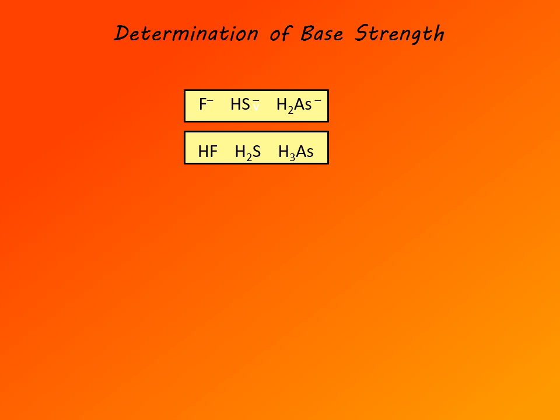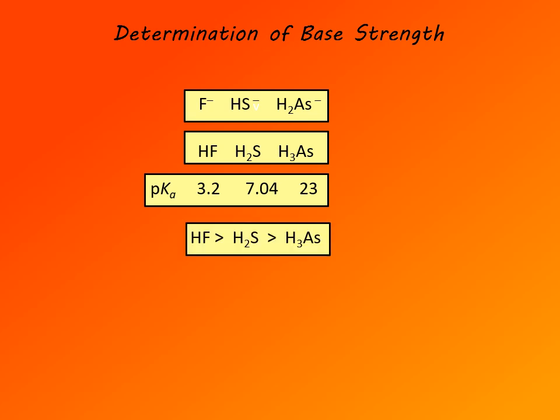But we can look up their pKa values, and they may be provided on the exam. So if their pKa values are provided, we can see that HF is by far the strongest, pKa 3.2, then H2S, pKa 7.04, intermediate strength, and H3As a very weak acid, pKa 23. So we can arrange the acids in the order of decreasing strength: HF strongest, H2S intermediate, H3As the weakest.